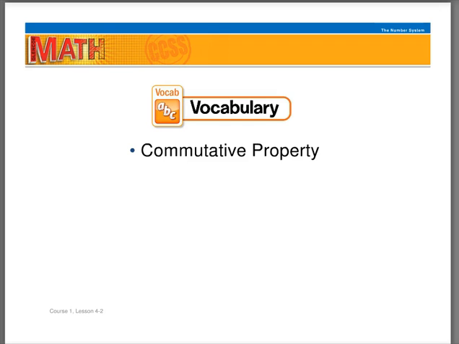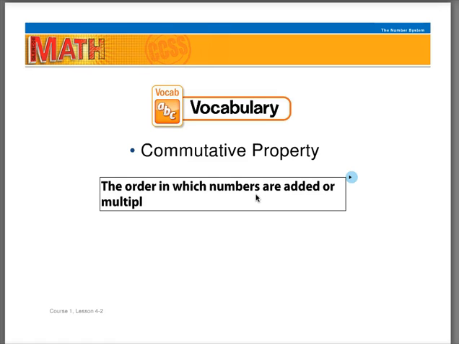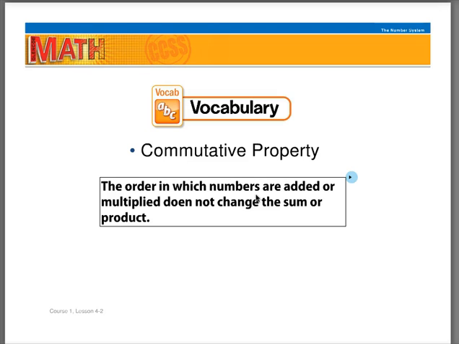Okay, so the first thing we're going to do is define the commutative property. The commutative property is the order in which numbers are added or multiplied does not change the sum or product.